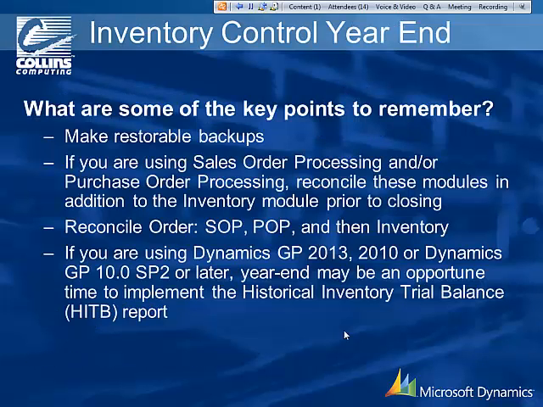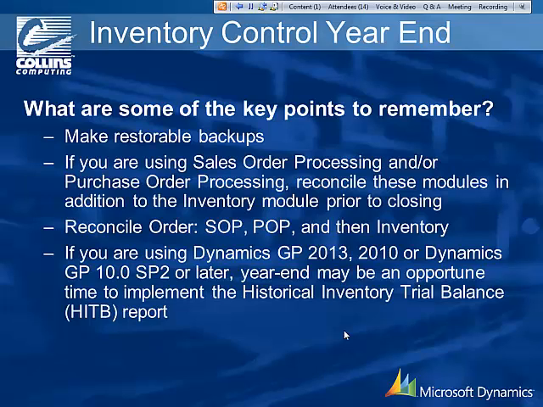So what are the key points for inventory? Just make backups. Use all your other modules to their fullest extent, sales order, purchase order, even those ones of project and bill of materials and manufacturing and field service. Reconcile and get all those transactions done first, and then go ahead and run your inventory closing.